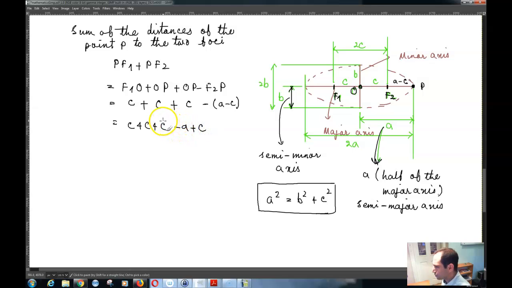Let me see. So F1O plus OP is basically this whole distance over here. No, let me write it this way. I'm sorry, I don't want to confuse you. So I can write it as a plus c. That is F1O plus OP.